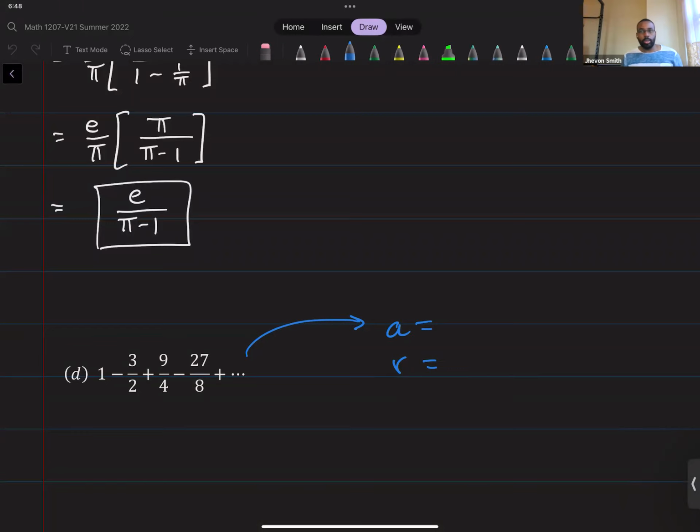So this is geometric, we know that for sure. So what is the A? Or like definitionally speaking, what is the A? What do we say A represents? Do you remember that?